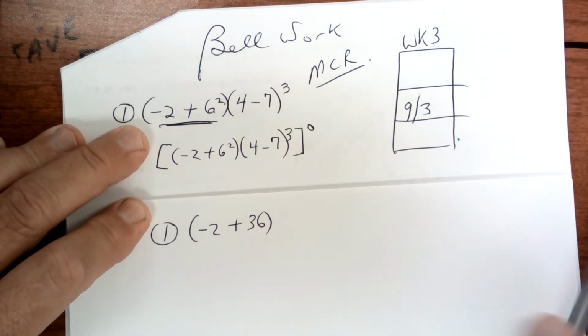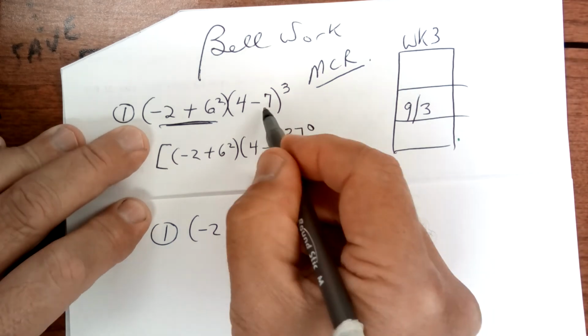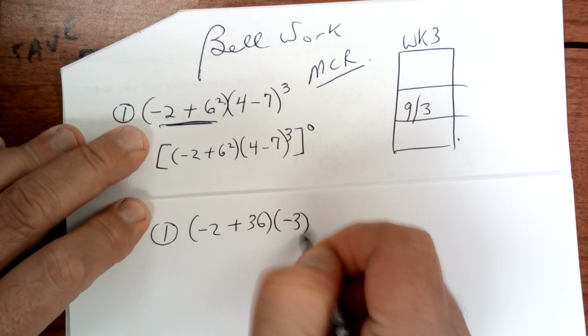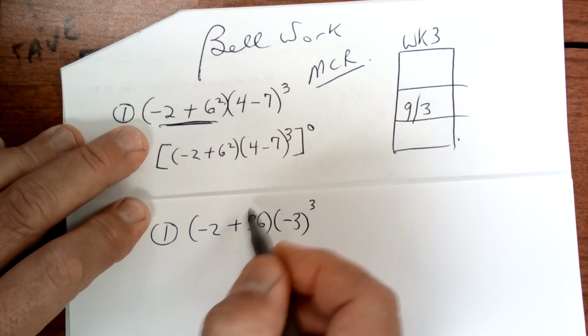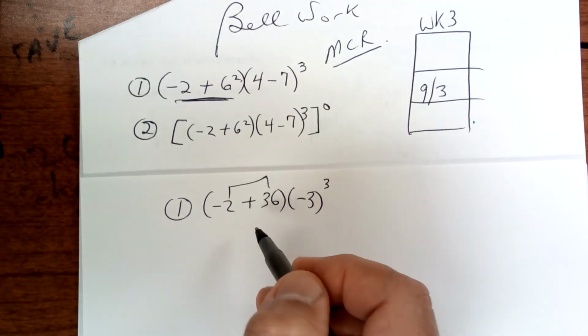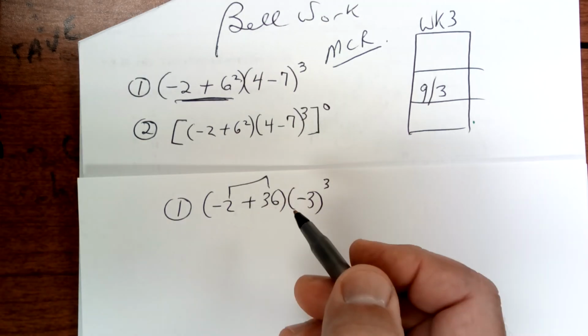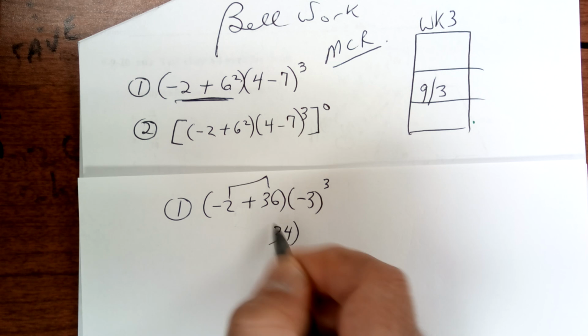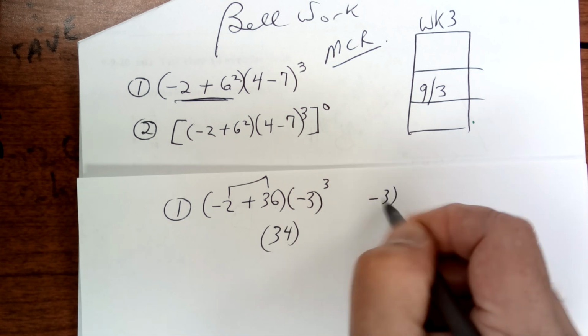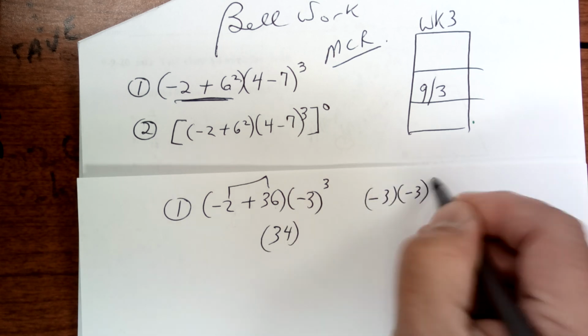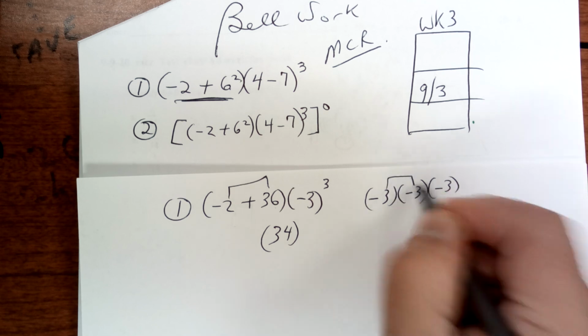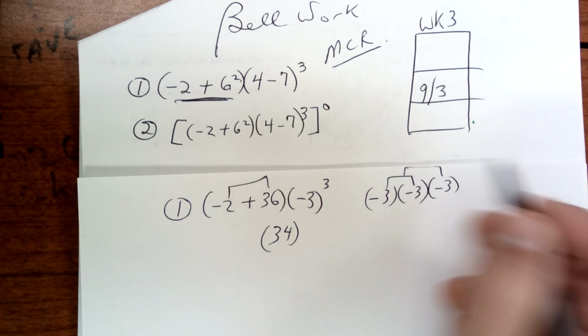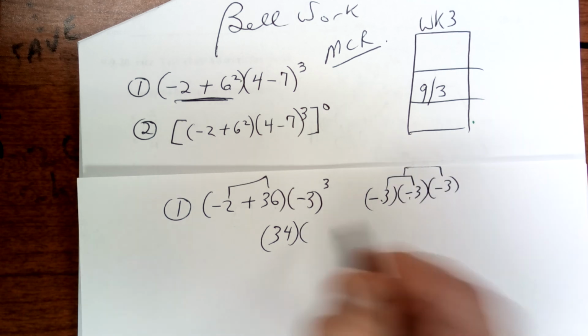Okay, and then this one right here is 4 minus 7. That's going to be a -3 to the 3rd power. This right here, 36 minus 2, let me think about that, is going to be 34 times -3 times -3 times -3. 3 times 3 is 9 times 3 is 27. So that's going to be 3 negatives, so that's going to be a -27.